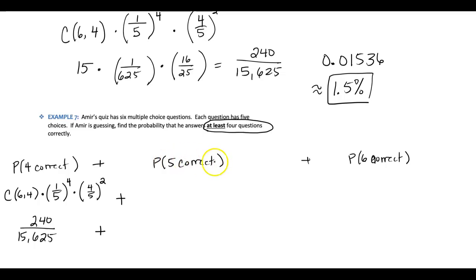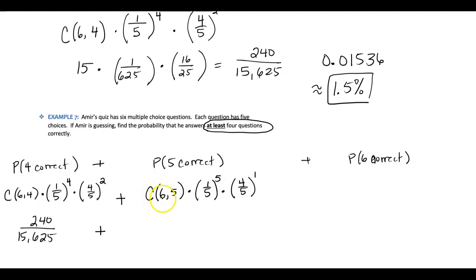To get 5 correct, we could follow that same pattern. With our combination, out of 6 questions, we want 5 correct. A correct response has a probability of 1/5, and that needs to be repeated 5 times. And an incorrect response has a probability of 4/5, and that needs to be repeated once.